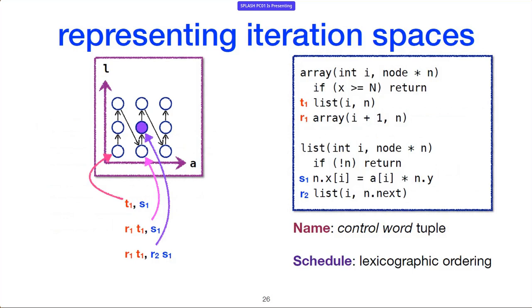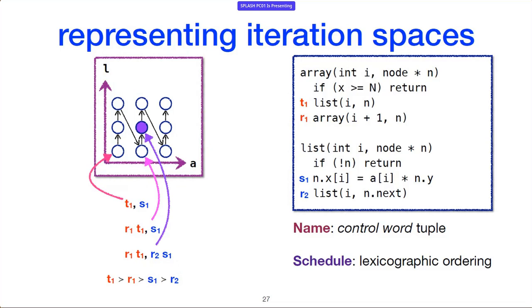So that basically calls the array function once, then the array function calls list, which calls itself once, and then I execute S1. And if I place an ordering on these labels, it actually exactly corresponds to the ordering in the program itself. The lexicographic ordering of those control words exactly corresponds to the order they're supposed to execute. Very clean. This is the way that PolyRec represents the iteration spaces and schedules.